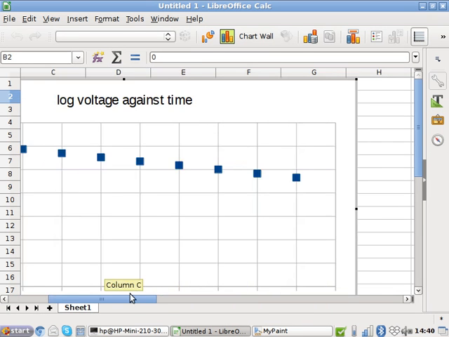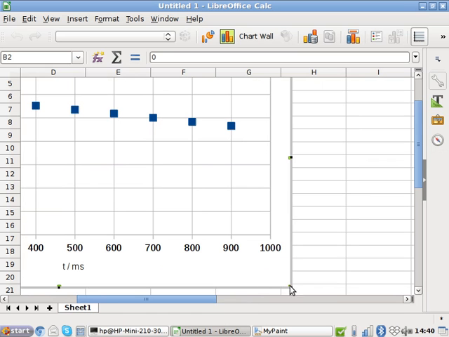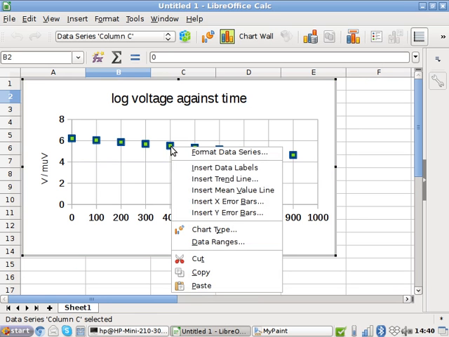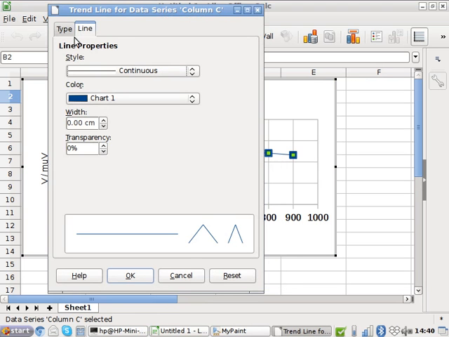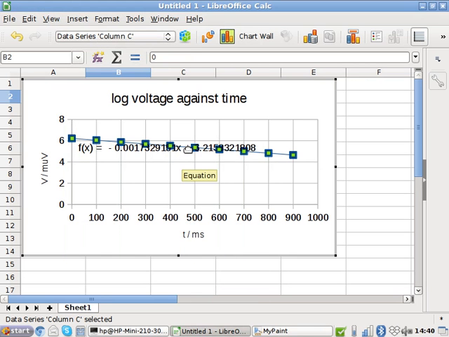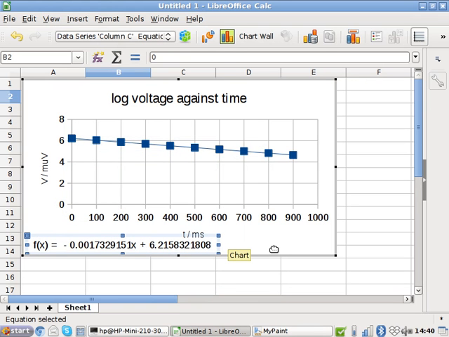Let me just shrink this down a bit. Now, what's nice is it is a straight line. I'll put this down the bottom here. That is part A, the graph.